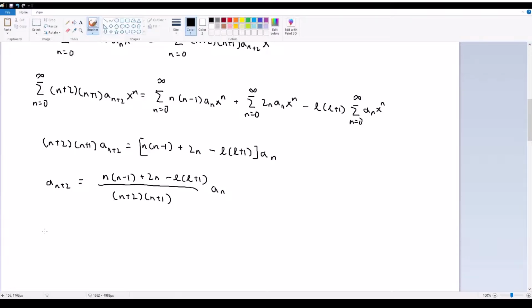If I want to clean it up a little bit at the top, I can rewrite this as n squared minus l squared plus n minus l, divided by (n+2)(n+1), a_n. The reason I'm rewriting it this way is because this is going to make it a little bit easier to see a property that we're going to have to make use of in the later parts.